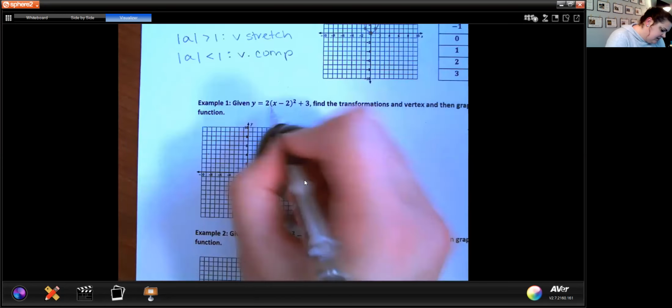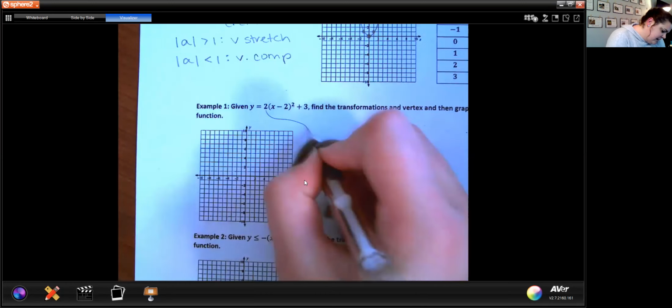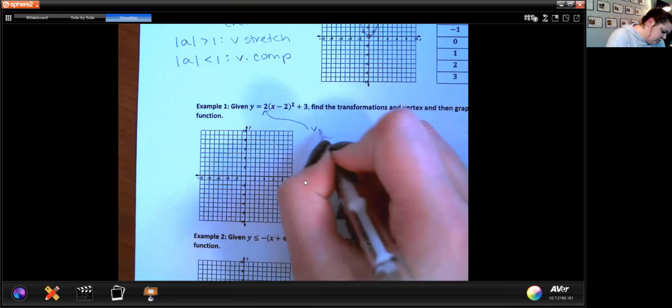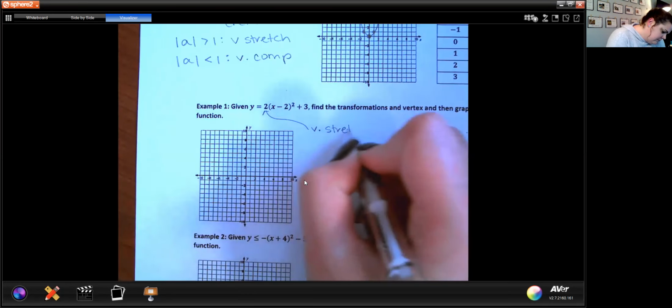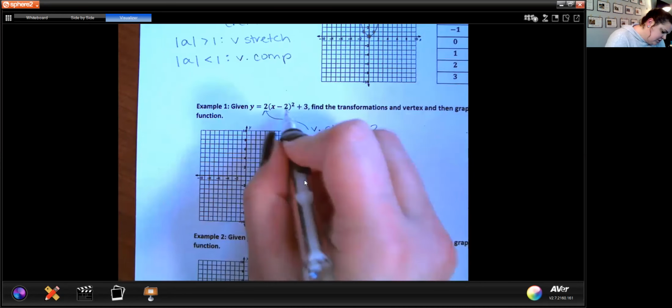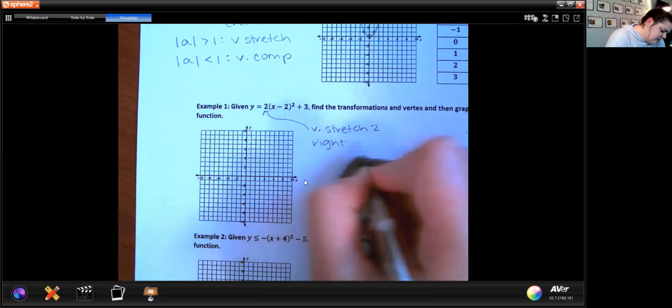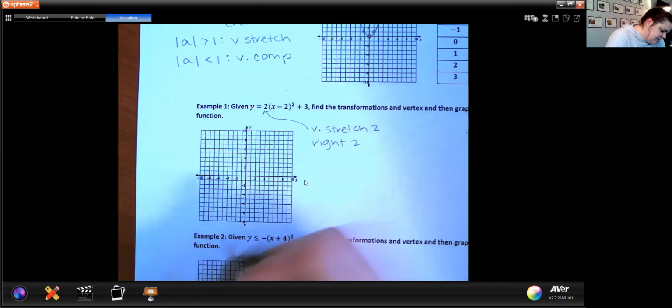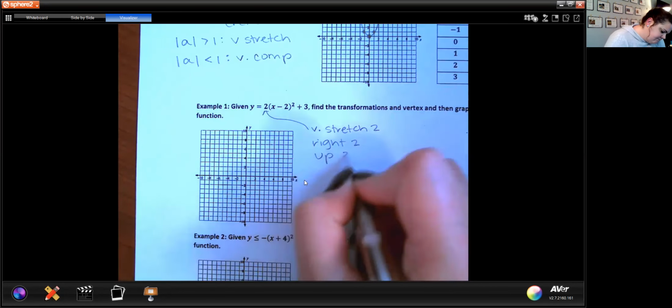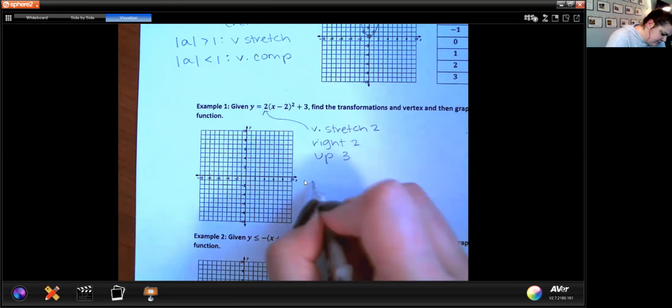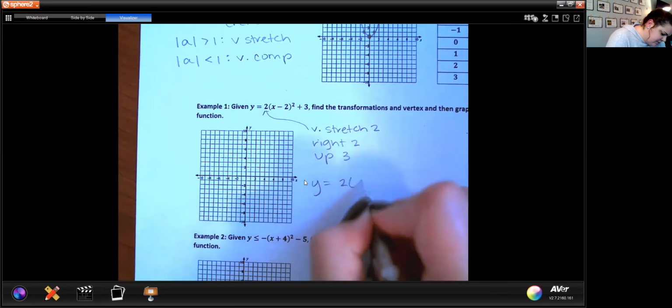So here I'm looking in the front, I can see that we have a vertical stretch of 2. The 2 inside tells us that we're going to the right 2. And the plus 3 on the end tells us that we're going up 3. All right, next I'm going to go ahead and write this out just because these are the notes.